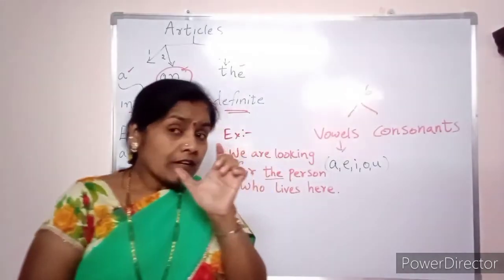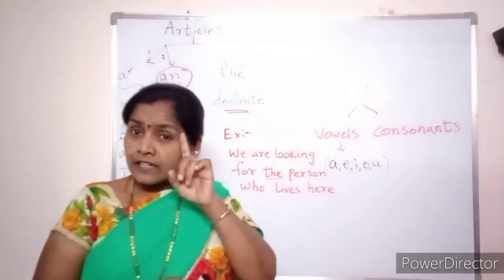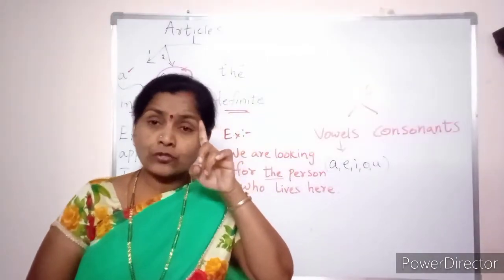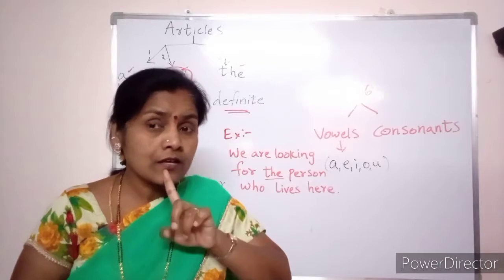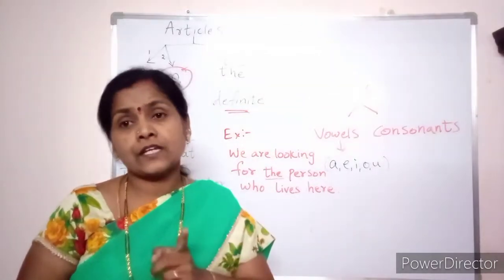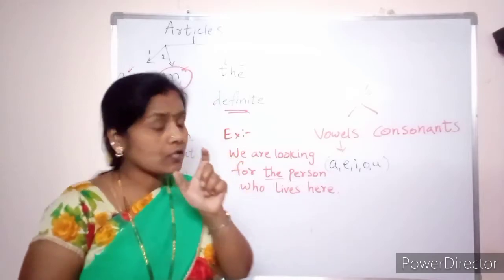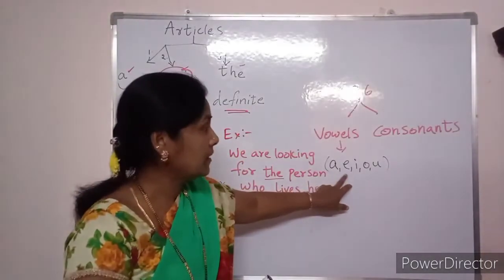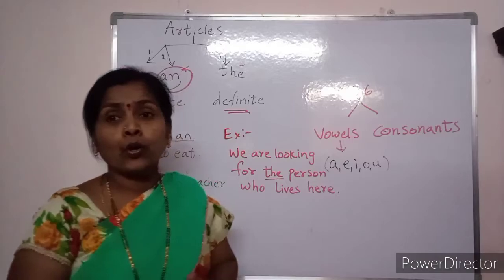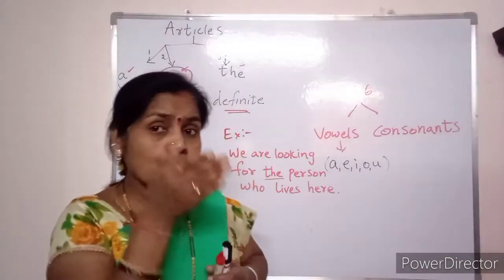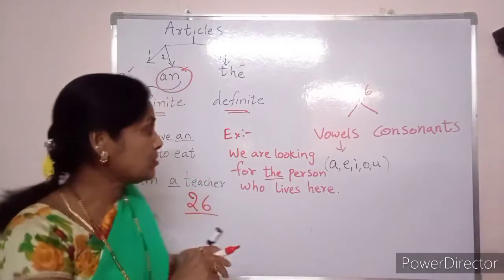How should we know? Irrespective of the letter, you should concentrate on the sound, the pronunciation. When the sound we get is a, e, i, o, u, before that word you have to use an.